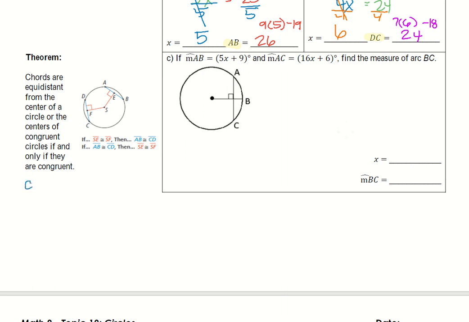Chords are also bisected by radii that are perpendicular. So when I have a radius that's perpendicular, this is my R, and it's perpendicular to this chord AC, then it's bisecting the chord and the arc.